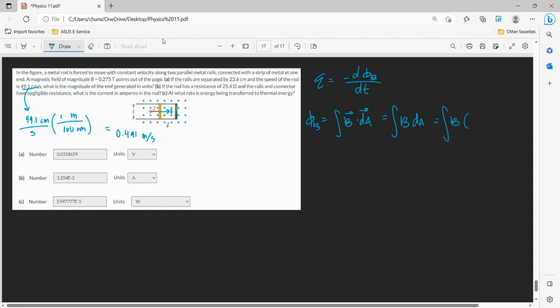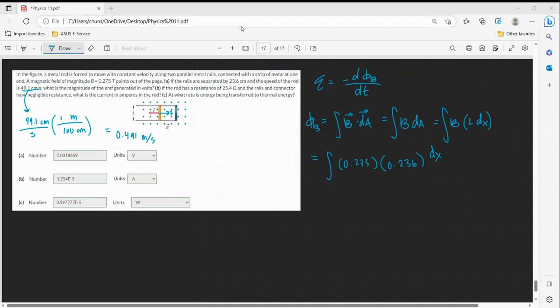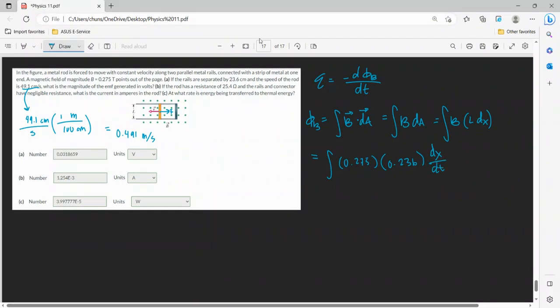And this is equal to our length, which is our height, times our change in x, which is equal to B, given by 0.275, and 0.236 as our L, dx over dt.